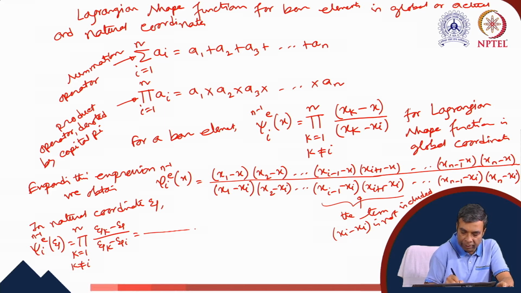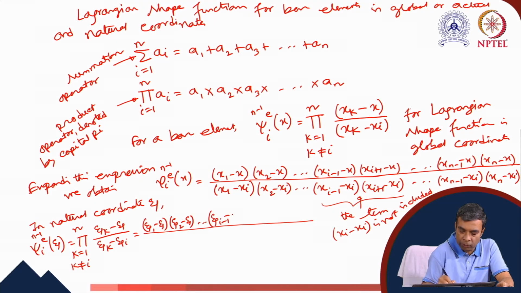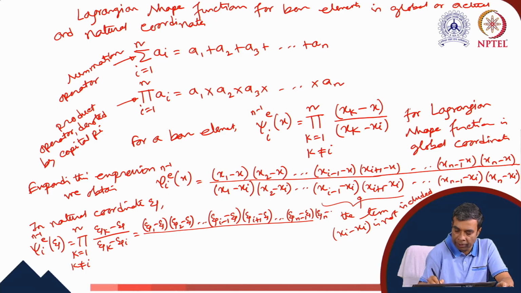This gives us xi 1 minus xi, xi 2 minus xi, xi i minus 1 minus xi, xi i plus 1 minus xi, xi n minus 1 minus xi, xi n minus xi.